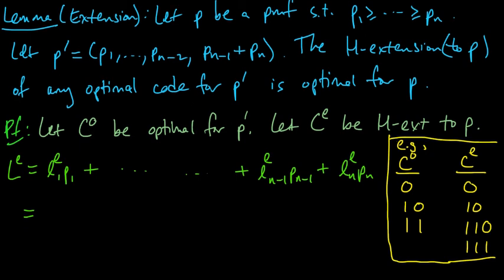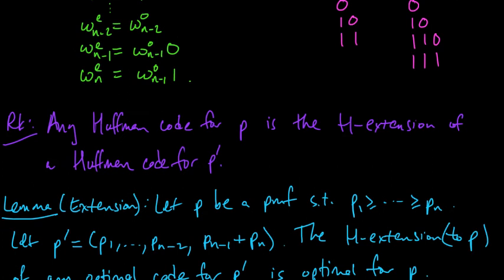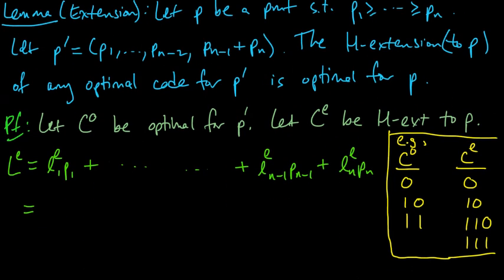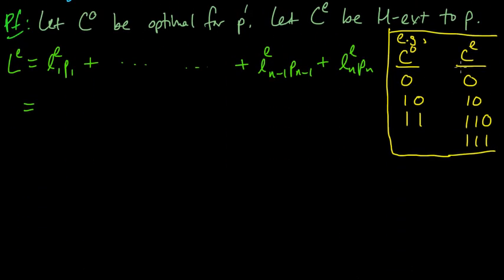So what are these lengths in terms of the LOs? Well, we know that by the definition of the Huffman extension, I guess I didn't write it up there, the Huffman extension says the length Li of the extension is just the same as the original length for all i less than or equal to n minus 1, and then Ln and ln minus 1 of the extension have the same length, and their length is the original one plus 1.